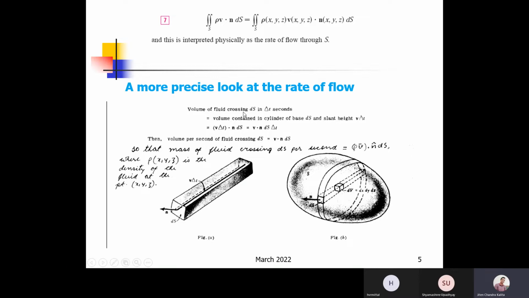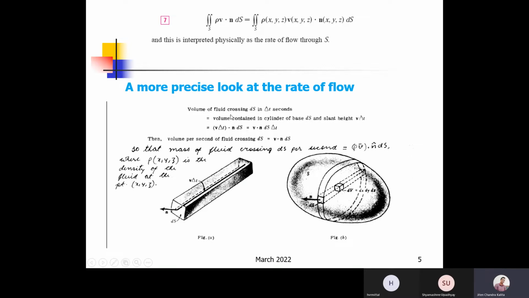The volume of fluid crossing dS in delta t seconds is nothing but the volume contained in a cylinder of base delta S and slant height v delta t. I have already told you what this slant height v delta t is. It is nothing but the distance. And what is the role of this n cap?